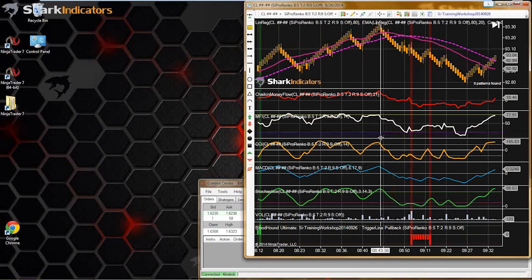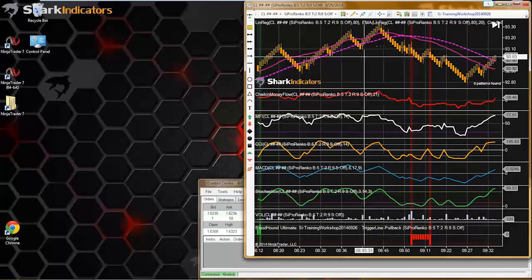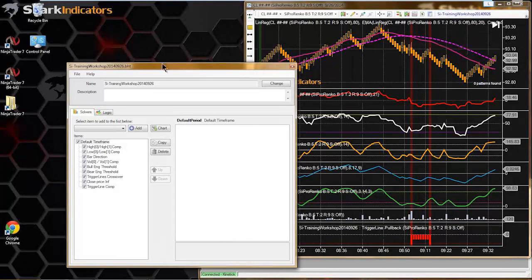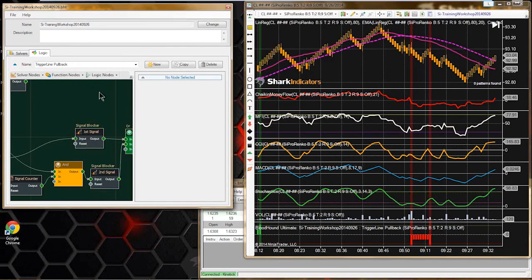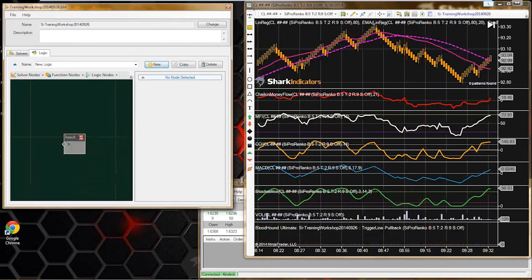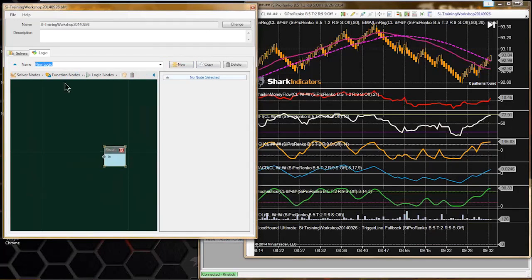Okay, there, I set the colors up, so all these indicators should be a little easier for you guys to see. And alright, so to give this template a name, let's see.